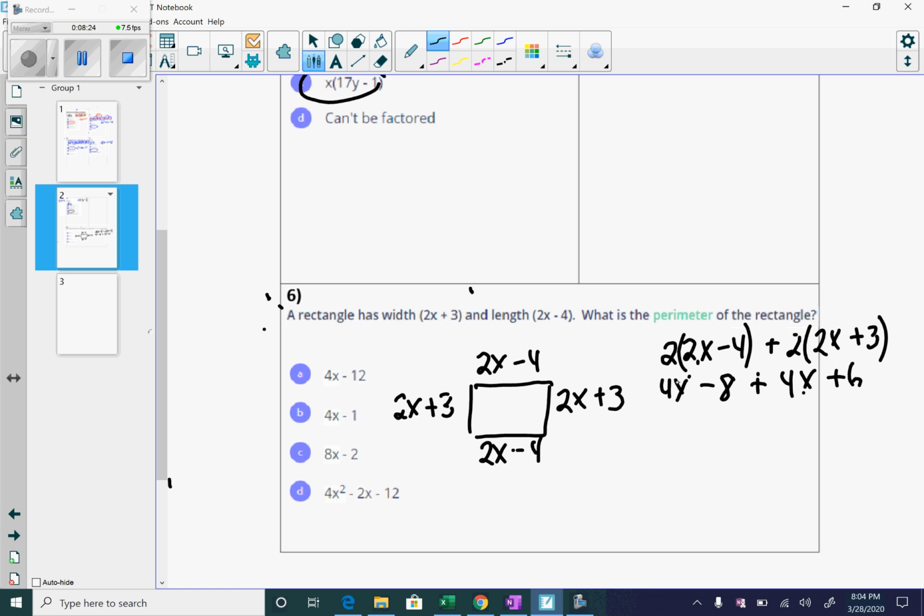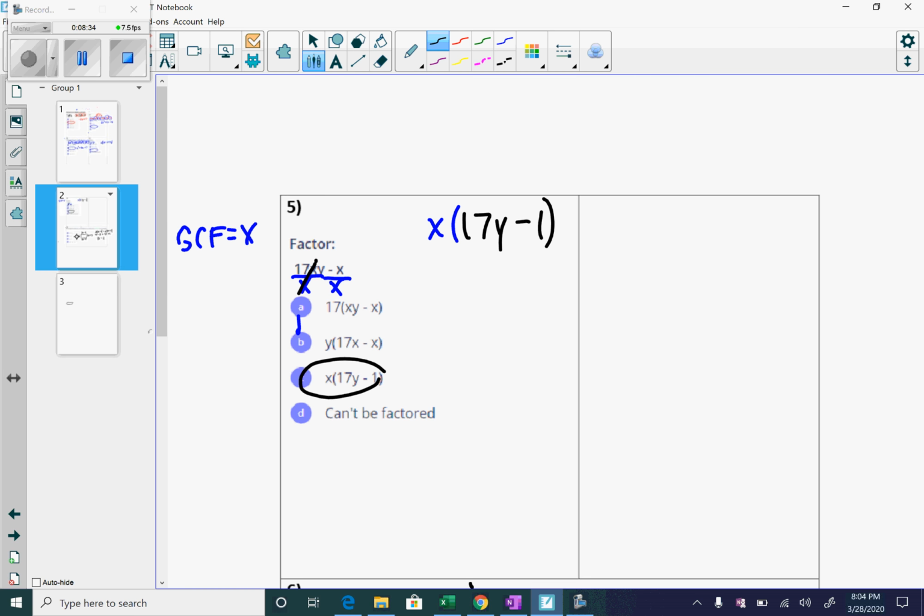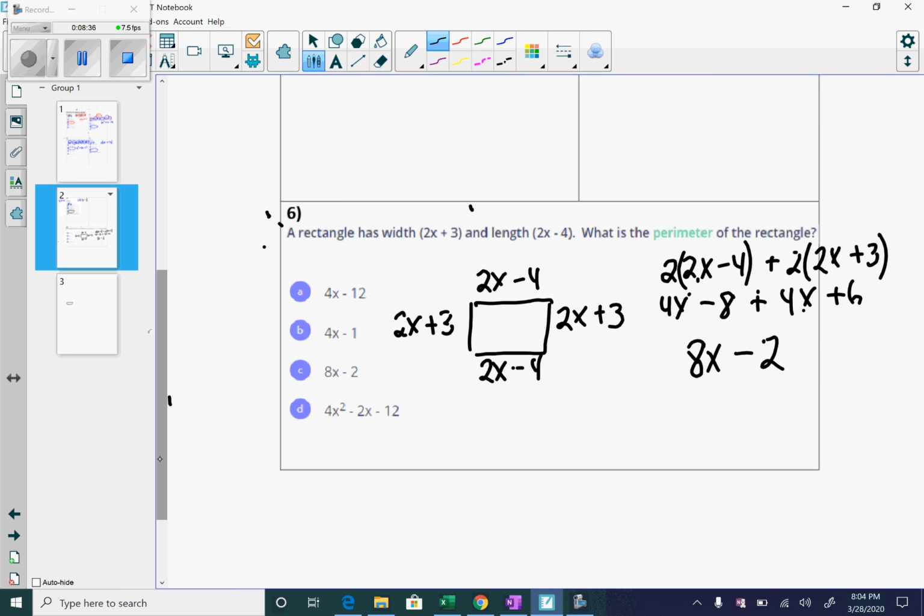And then combine my x's gives me 8x minus 2. So again, those of you who picked choice B, I know what you did. You just combined these two, and you forgot about the other half of the rectangle. So the answer is choice C.